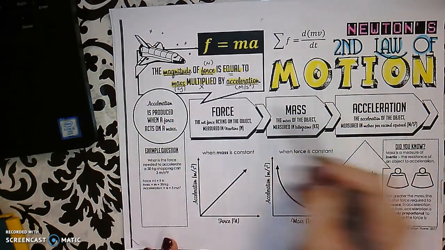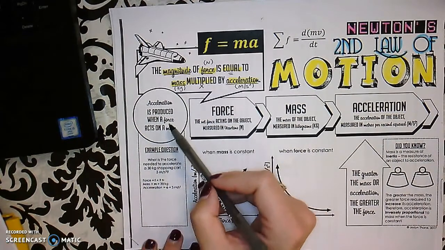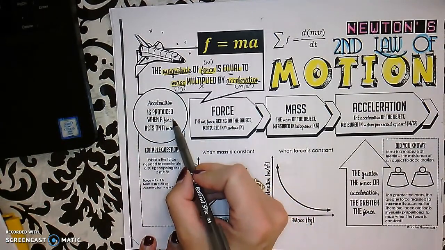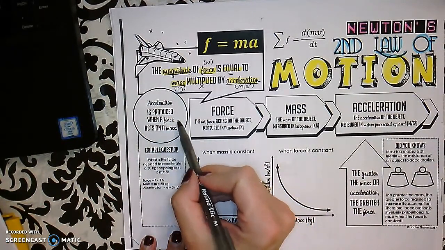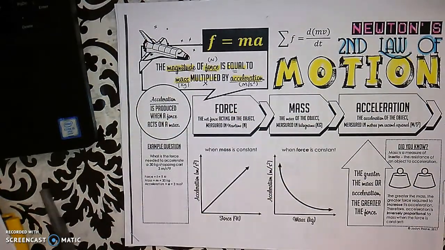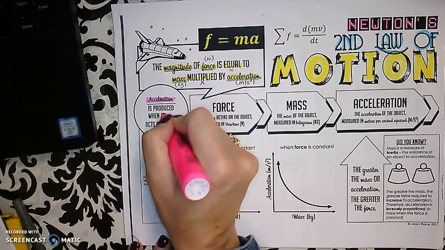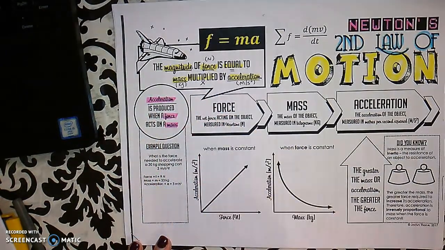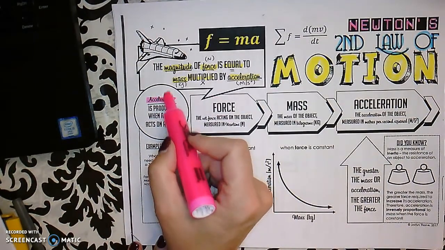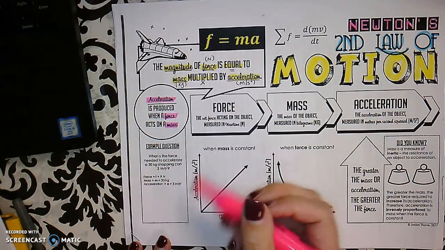This breaks down bits and pieces of that. Acceleration is produced when a force acts on a mass. Things speed up when we apply force on an object that has a mass.